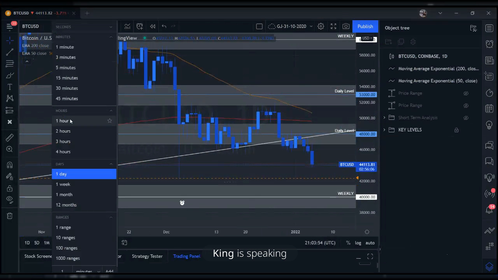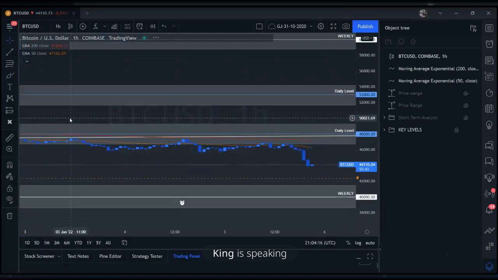So a lot of these things work better the higher up you go, but you can see on the lower time frames these things working, not working, and how price moves around them, trades through them, respects them, and so on. So let's go into the hourly.